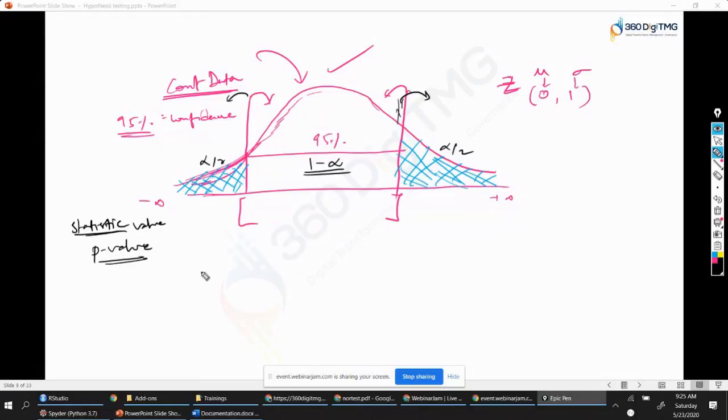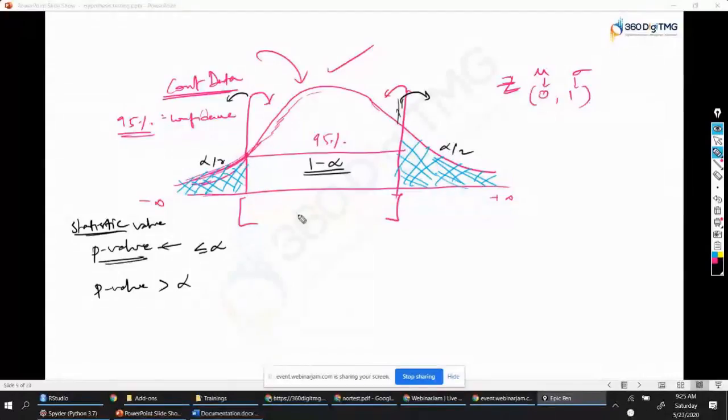Now, if that value is less than alpha, either equal to or less than alpha, that means the value is falling in this accepted region. You are not falling in the region where it is rejected. But if my p-value is greater than alpha, then the chance of going wrong is more.